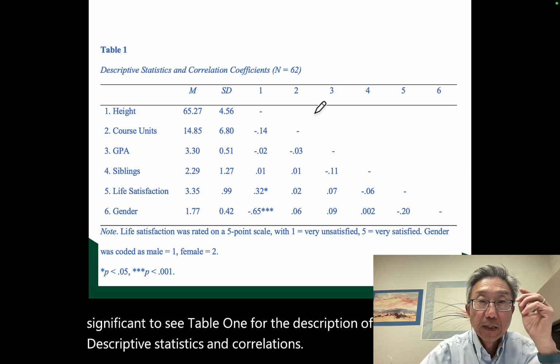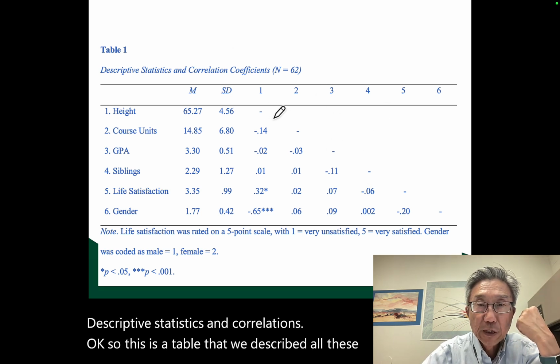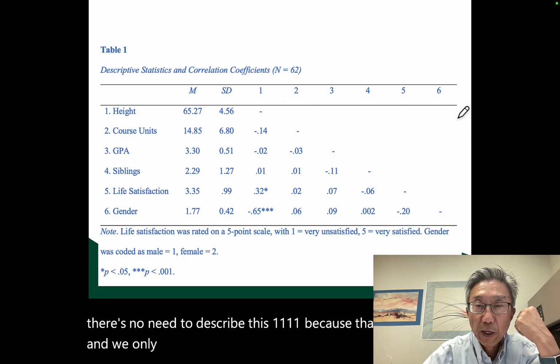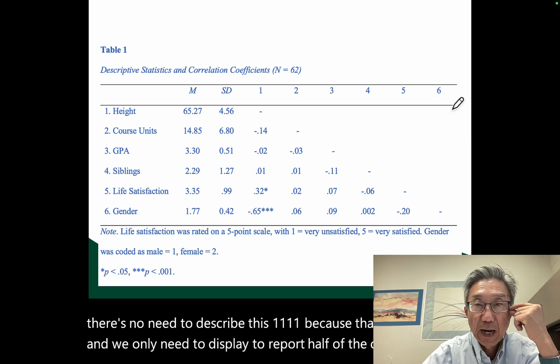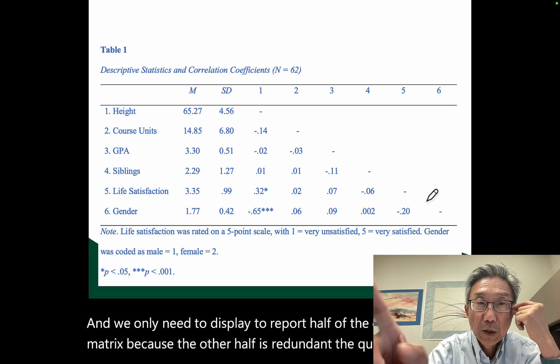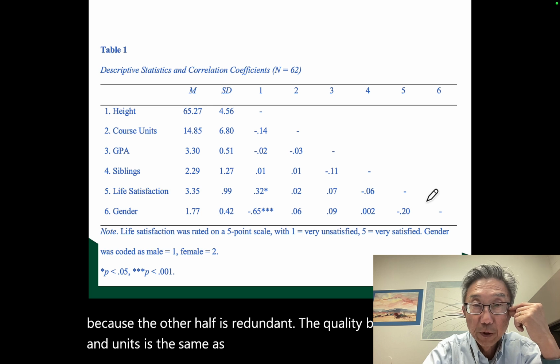Okay, so this is a table where we describe all these correlations. Now, there's no need to describe these 1s because that's redundant. And we only need to report half of the correlation matrix because the other half is redundant. The correlation between height and units is the same as the correlation between units and height.